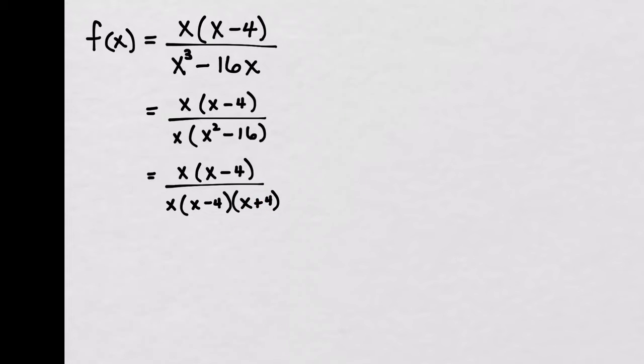And notice that we have a couple of removable discontinuities here. So there's an x factor in common to both the numerator and denominator, and an x minus 4 factor in common to both the numerator and denominator. And these are going to cause what we call holes in the graph.